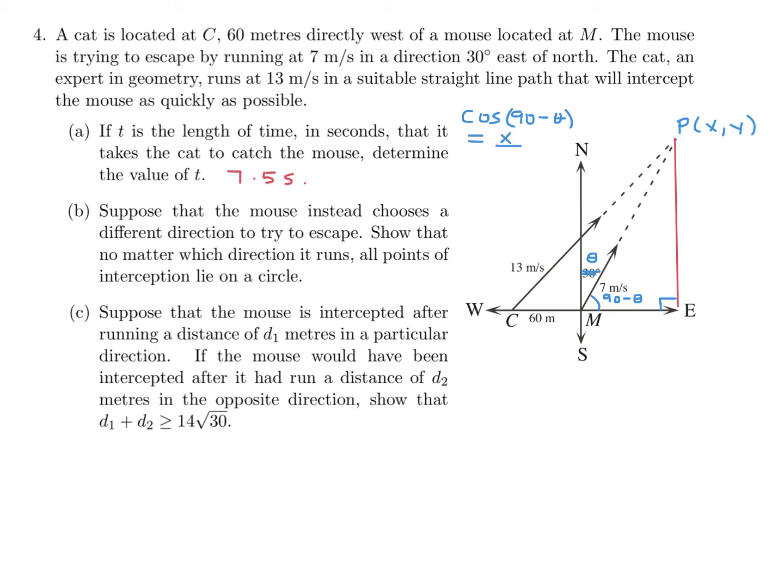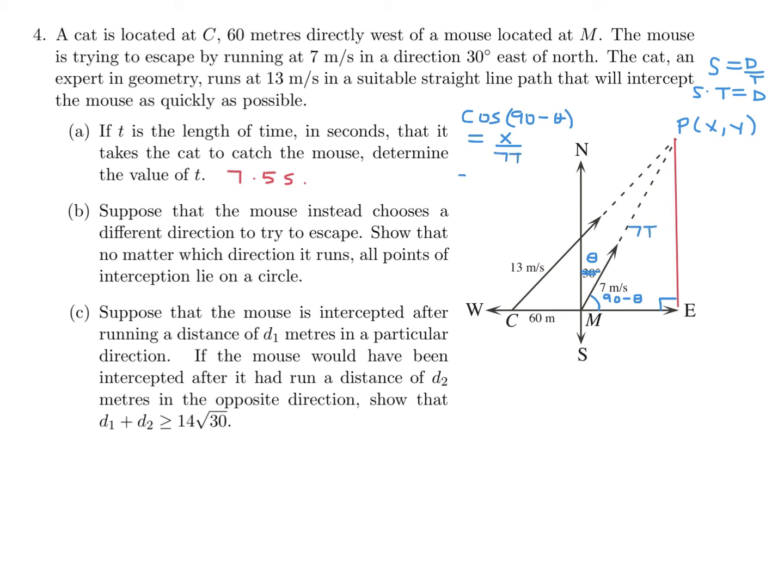The hypotenuse is a distance, and the speed is 7, the same in part B. Remember the formula, speed is distance over time, so distance is speed times time. So the hypotenuse is 7t.